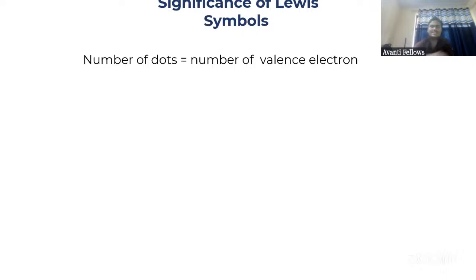Now, let's see the significance of the Lewis symbol. The number of dots represents the number of valence electrons. This is a very important point, beta. The number of dots is equal to the number of valence electrons. For example, nitrogen has a total of 5 dots. So what is the valence electron?